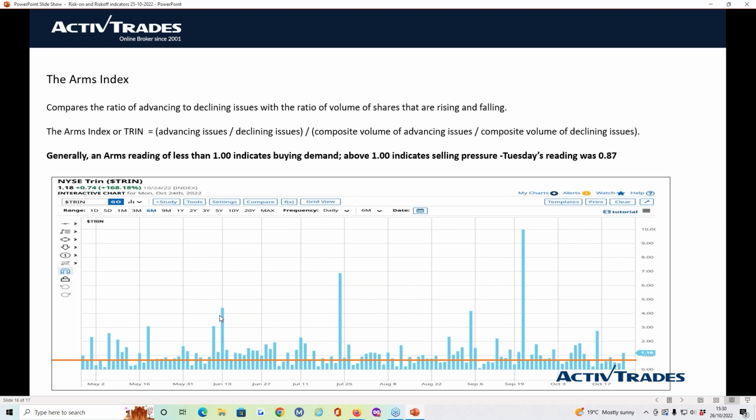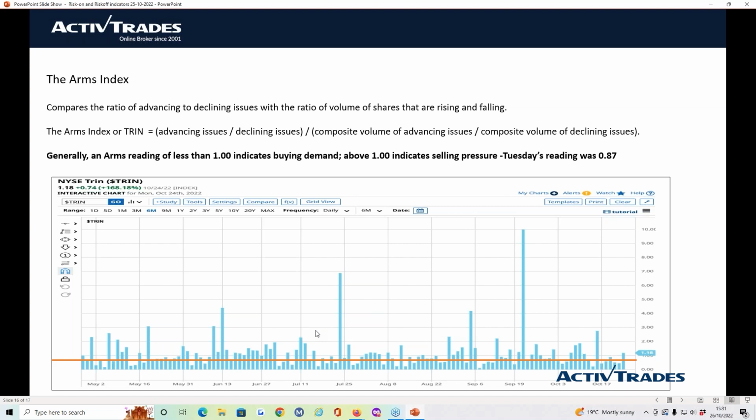It's not on the ActivTrade platform, but you can jump onto TradingView again for free and track this index as well. I've chosen to do this in a column chart, but you could just as easily draw it in a line chart version or an area, whatever you feel most comfortable with. So the TRIN index is another way to assess what the mood of the market is.